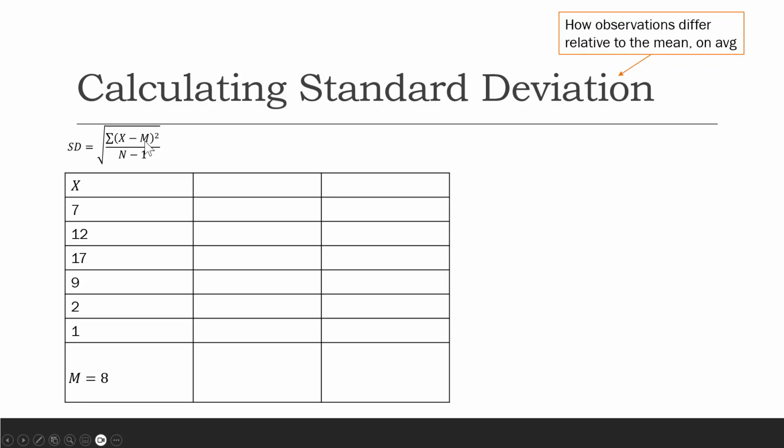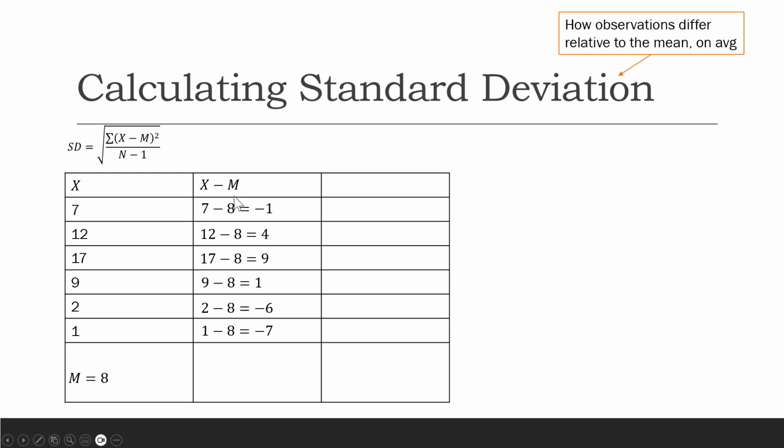So one of the things that we're going to do to start calculating standard deviation is calculating those differences. So I'm going to take each score, or each number of years, that observation X, and subtract from it the mean 8. So 7 minus 8, of course, is -1. 12 minus 8 is 4. Notice this value is negative, this value is positive. And I can continue on calculating these deviations. So all of these X minus M's are deviations.